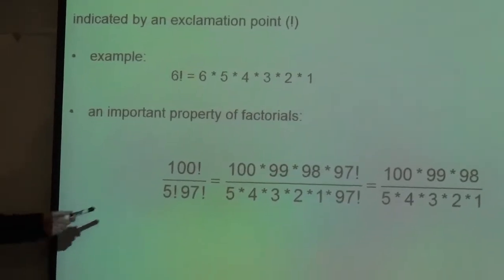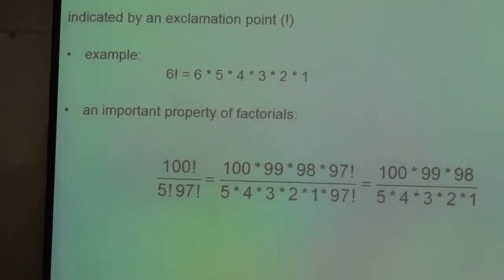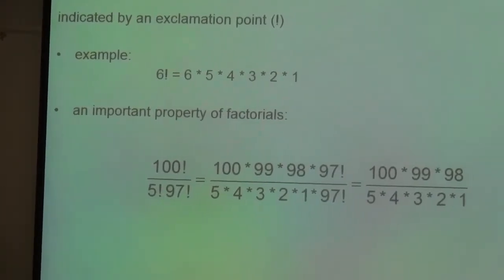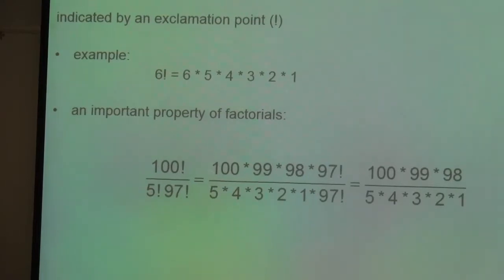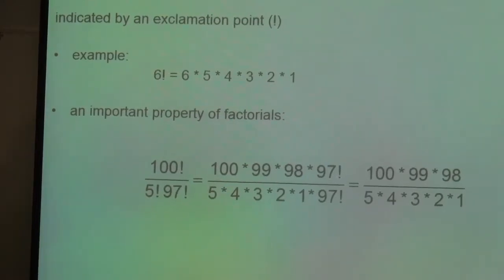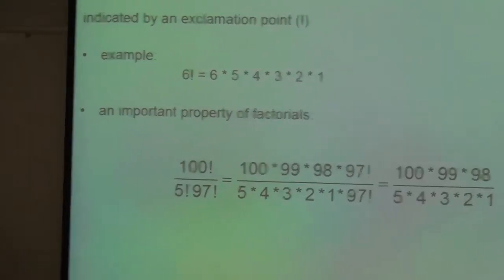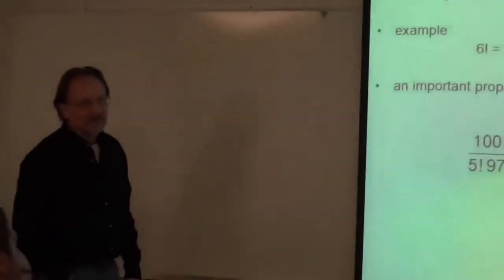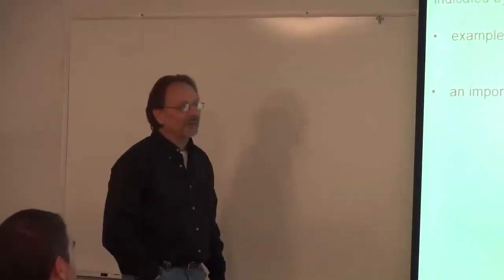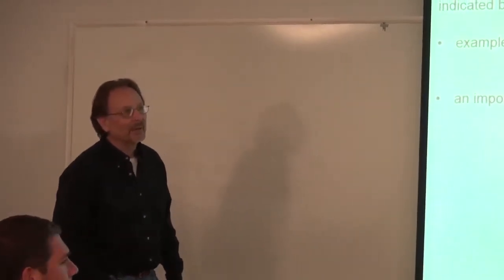Now, this is an example of how to reduce it so that you don't make your calculator cough. If you have something that's really large, like 100 factorial, at least at one time, calculators didn't do 100 factorial. Maybe now they do. Do your calculators cough at 100 factorial? Or can they do it? Somebody test your calculator and see whether it does 100 factorial.